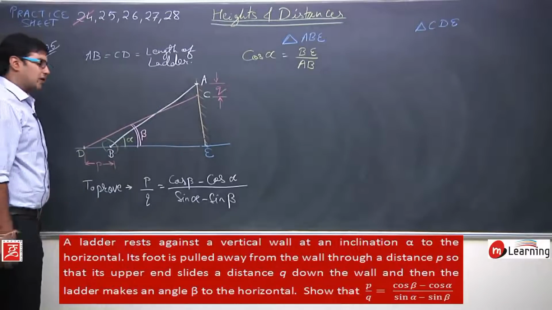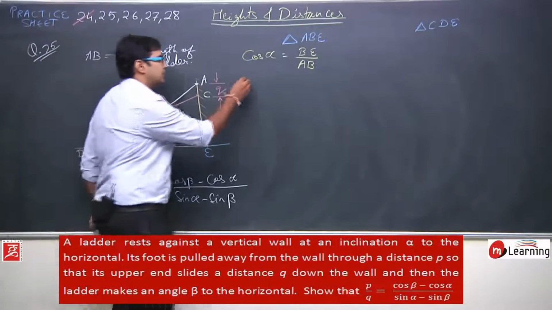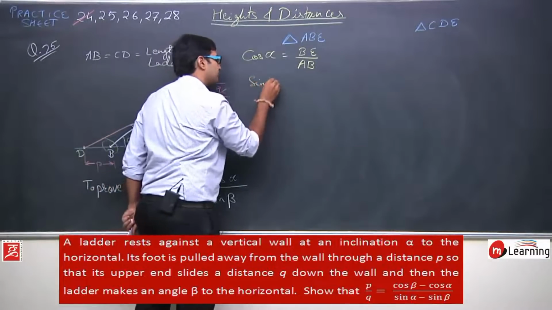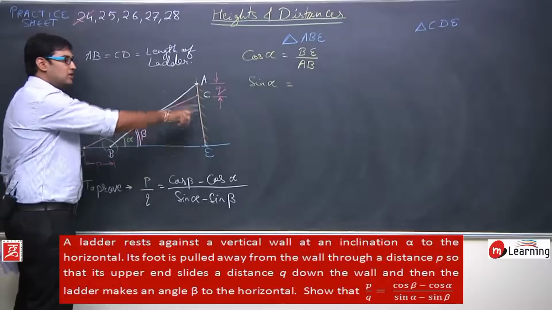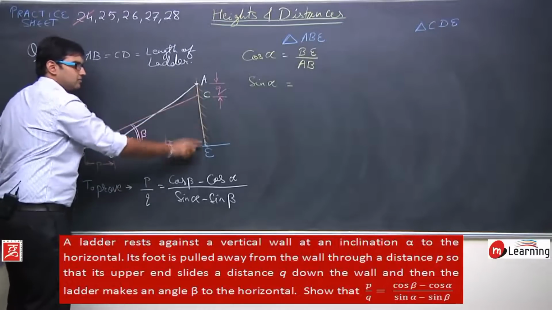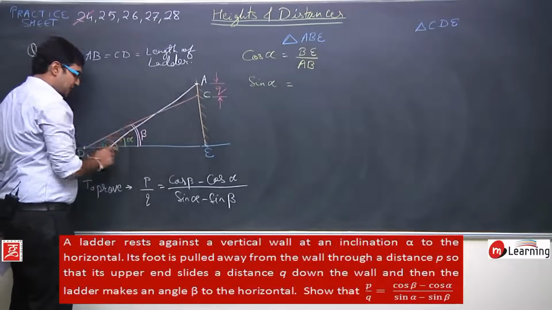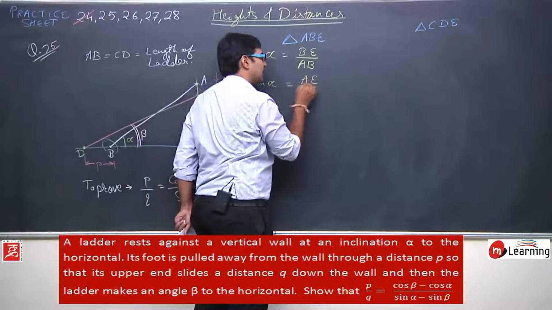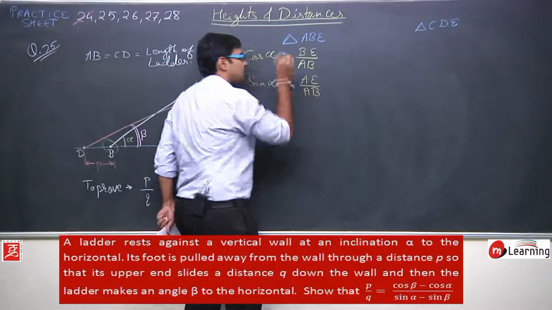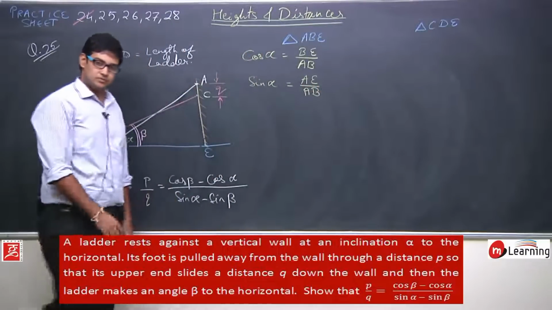Further, what is sin alpha? In this particular triangle, sin alpha will be perpendicular upon hypotenuse. What is perpendicular? Perpendicular is AE, and hypotenuse is AB. So sin alpha is AE upon AB. This is what I can determine.